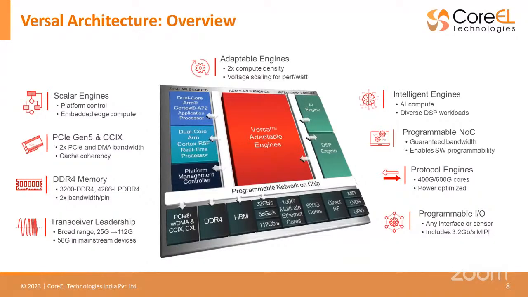Anywhere in the market you see it's around 50 gigabits or 40 to 60 gigabits. But in a Versal chip you have the ability to go up to 112 gigabit speeds. So that gives you the edge and the future proofing that is required for your designs.